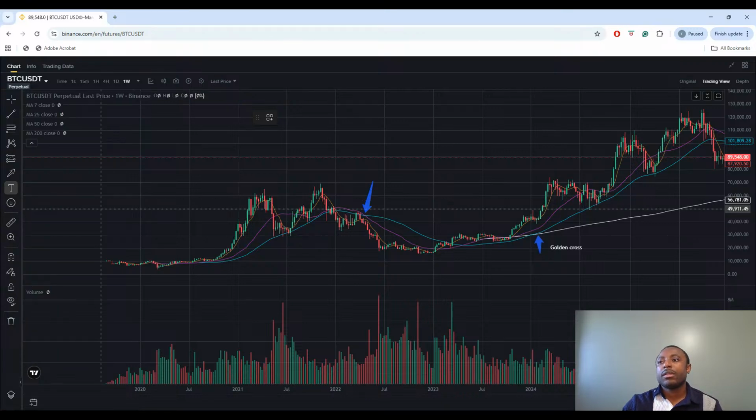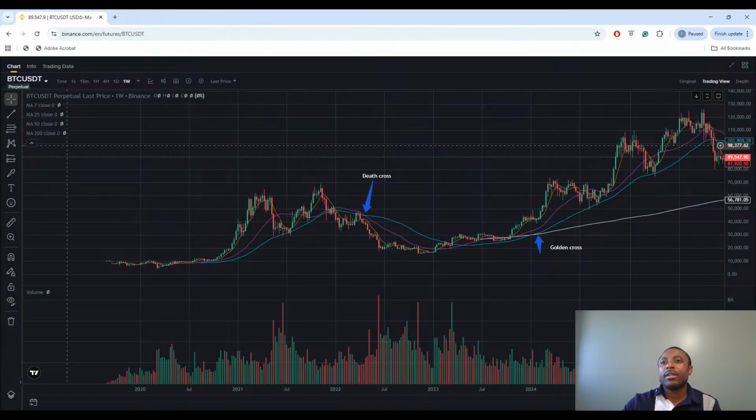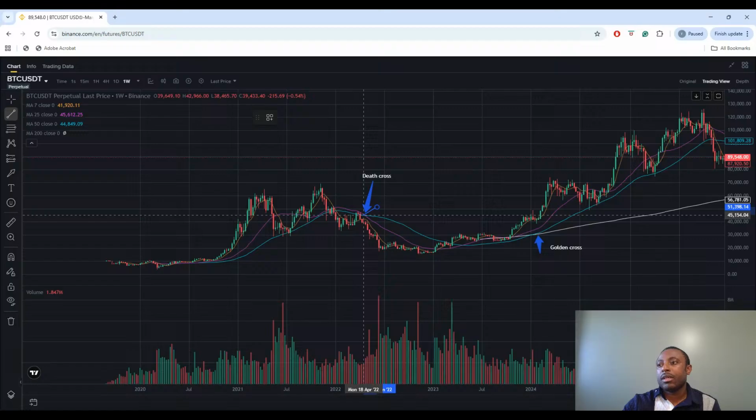So here we have the dead cross. Not a good sign. When you see that, not a good sign at all. Oh no, let's remove that one. Delete.